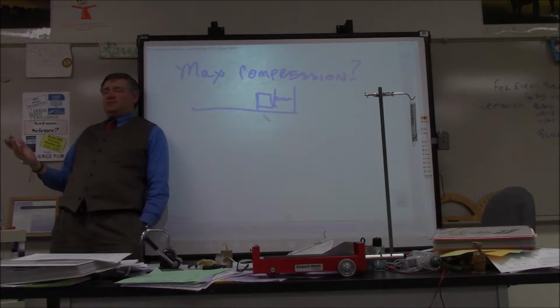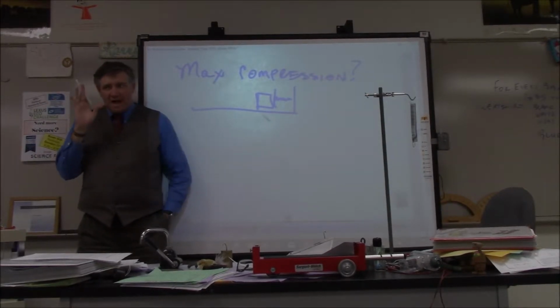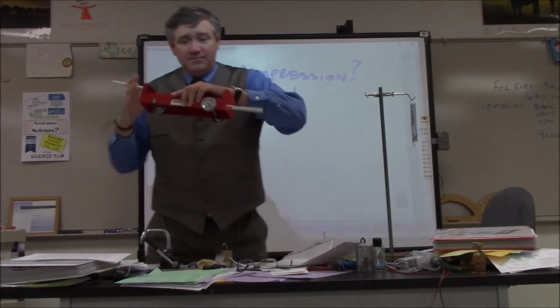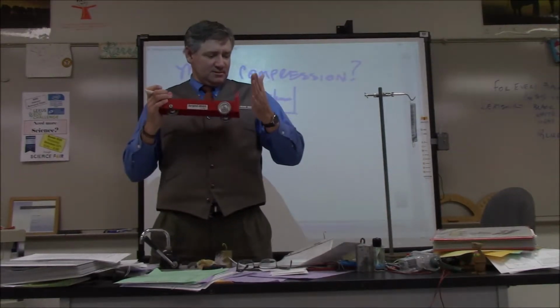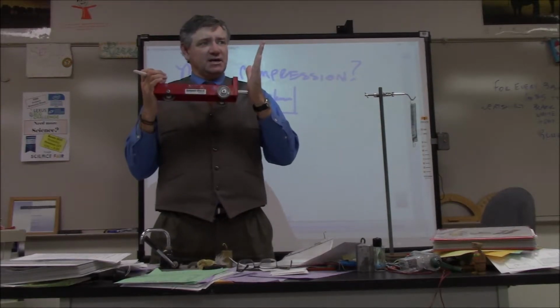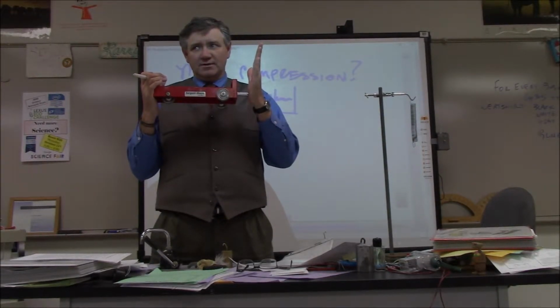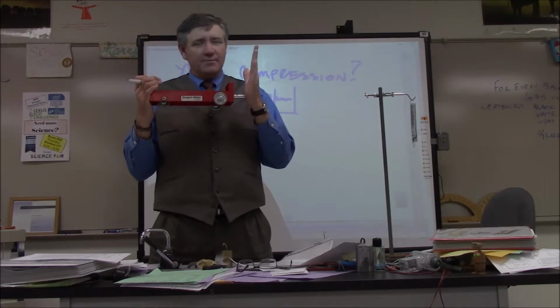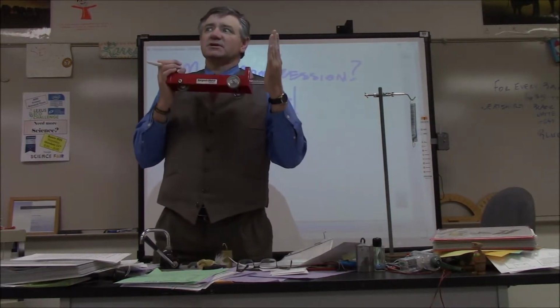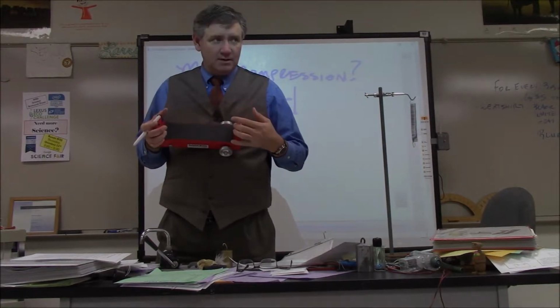So here's the deal. When that spring is fully compressed, think about this idea with the cart, okay? When that cart has stopped against the wall like this, how much kinetic energy does it have? Zero. What's happened to all the energy? It's stored as potential. It's gone into the potential energy of the spring, right?